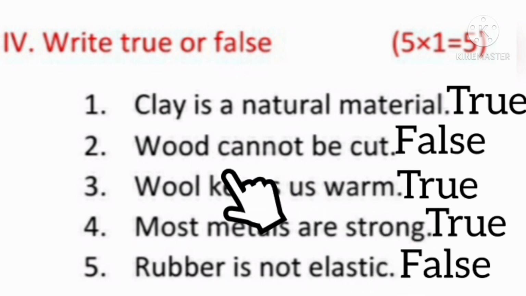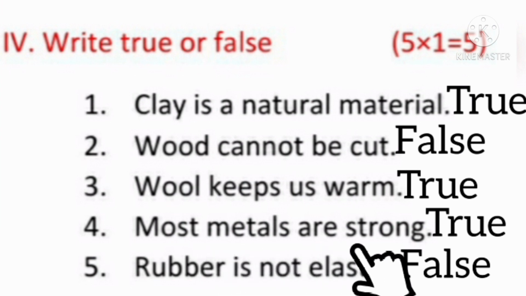Is this correct, children? Yes, very good. So, we should write true. Next one, rubber is not elastic. Is this correct? No. Rubber is elastic. So, this statement is false. So, we should write false.